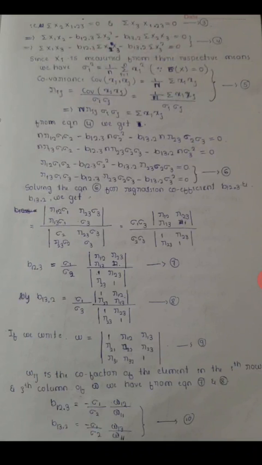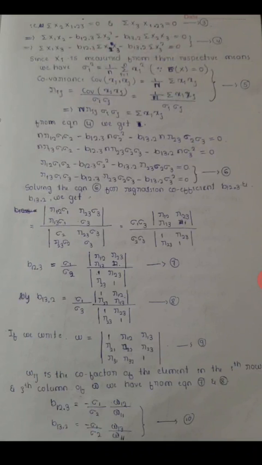Since each variable is measured from its respective mean, we have sigma i square equal to 1 upon n summation xi square, since the expectation of x is equal to 0, and covariance of xi xj is equal to 1 upon n summation xi xj.